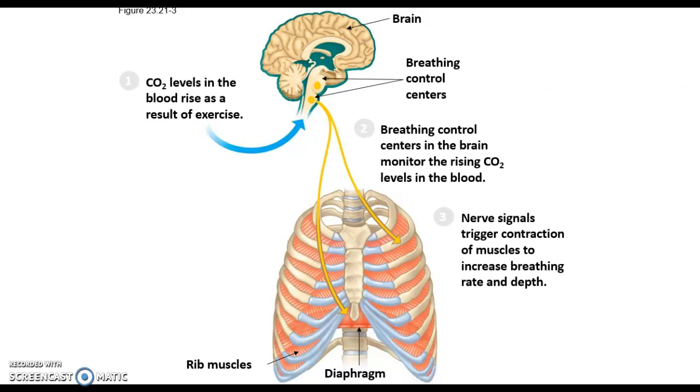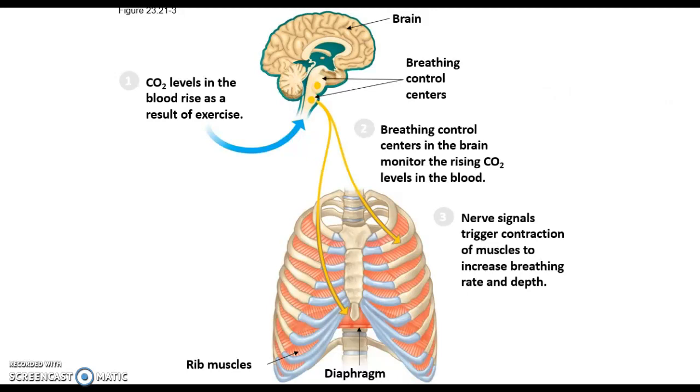this, and so when we're exercising, or if we've held our breath, the reason our brain triggers us to breathe again or to increase our respiratory rate is the CO2 levels in our blood begin to rise, and our brain detects that and says, okay, we need to start breathing a little harder here in order to get rid of some of this carbon dioxide.